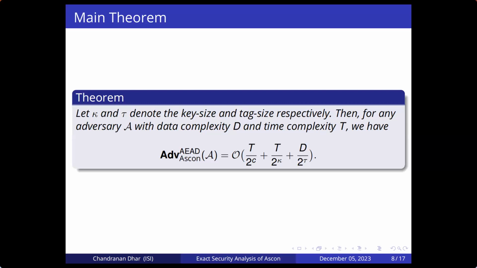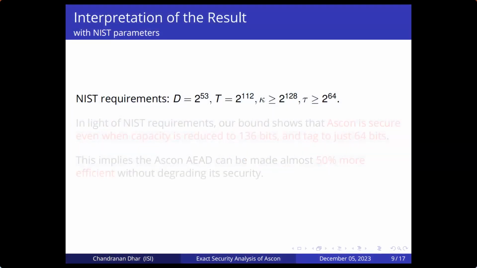Now regarding the interpretation of the result, the NIST requirement was that the data complexity is around 2^50 bytes, the time complexity is around 2^112, the key size needs to be at least 128 bits, and the tag size needs to be at least 64 bits.